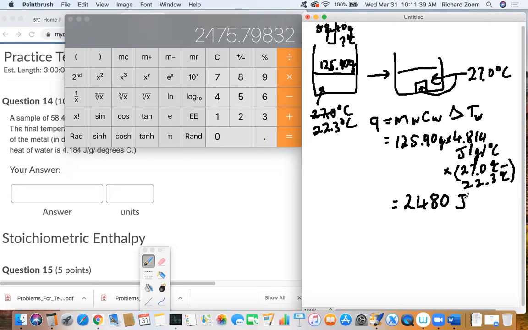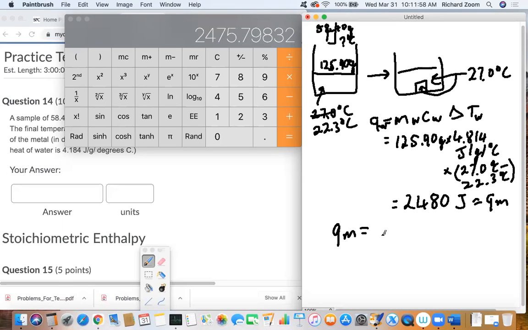And that's the Q of the water. And that also will equal the Q of the metal, so the heat released by the metal. So we do the same thing here.